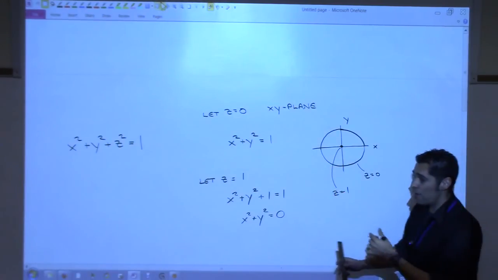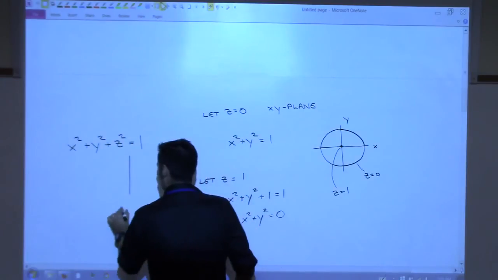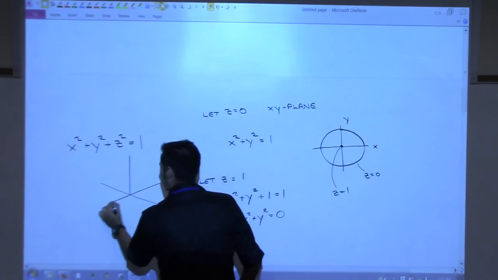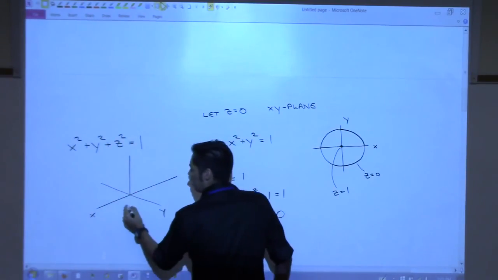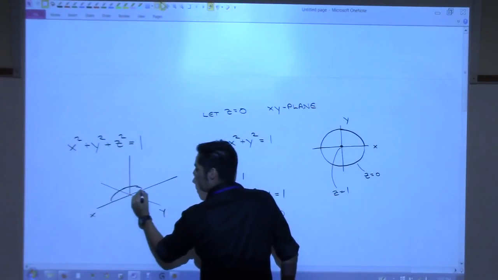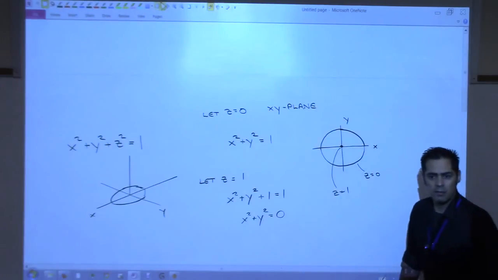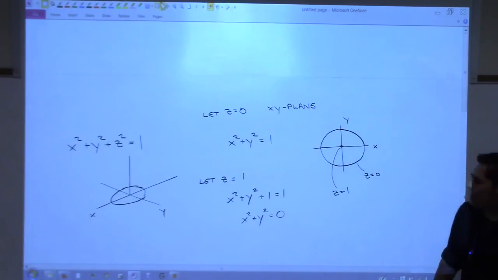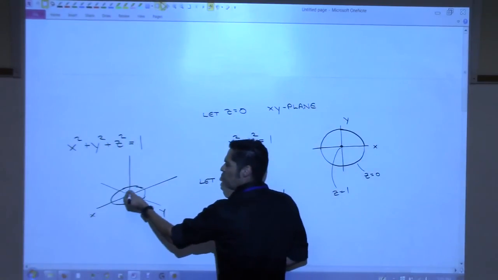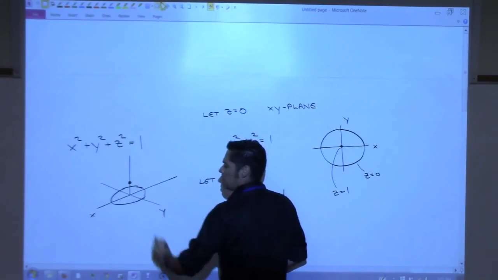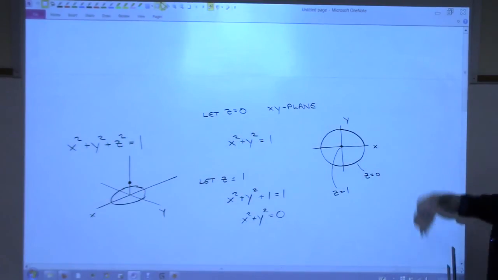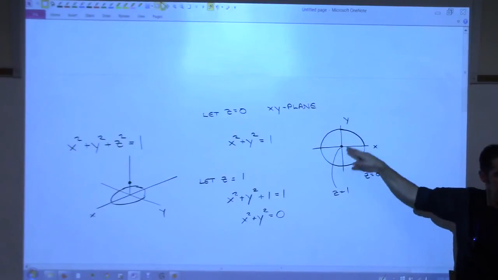Now, what I'd like to do is draw it three-dimensionally over here, just so we can see it. Here's x, here's y. When we were flat on the ground, we had a circle on the ground, right? Radius 1. When I move up on the z-axis 1 unit, I have a point. So if I look straight down on that, I get this, don't I?